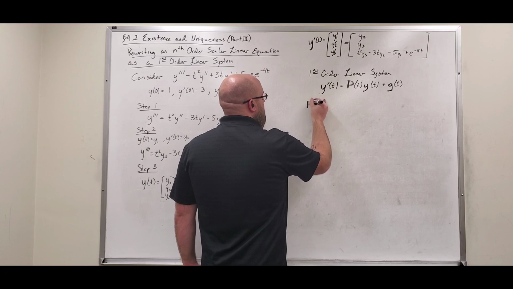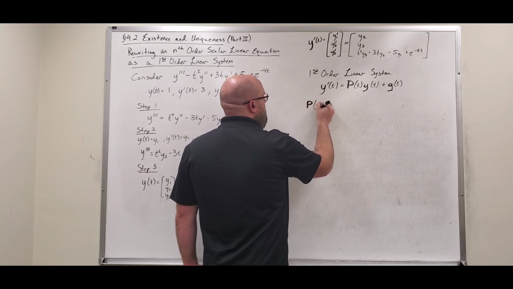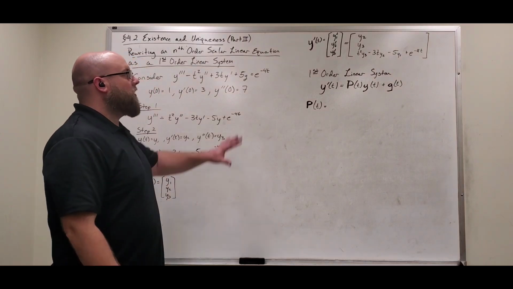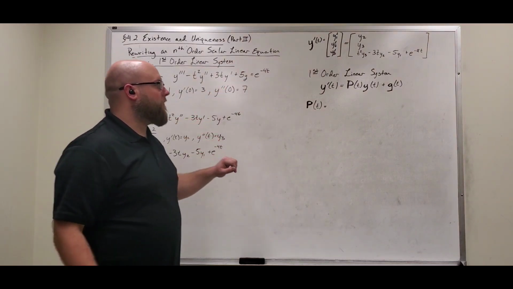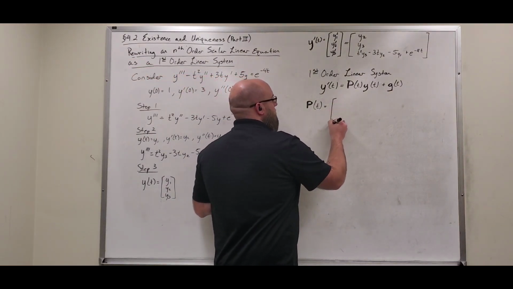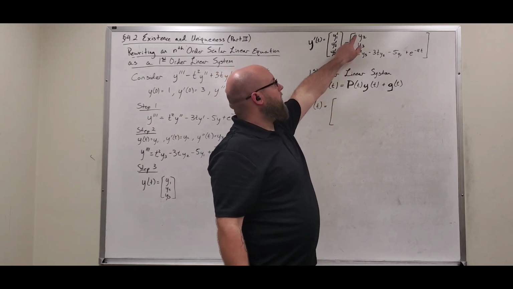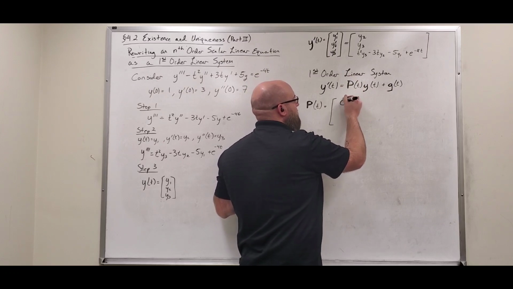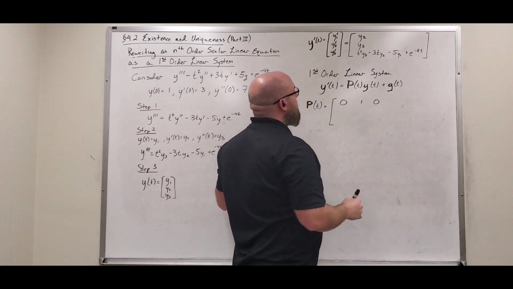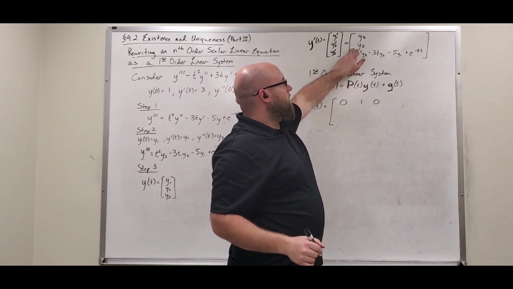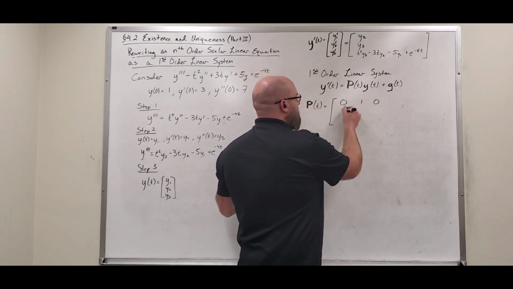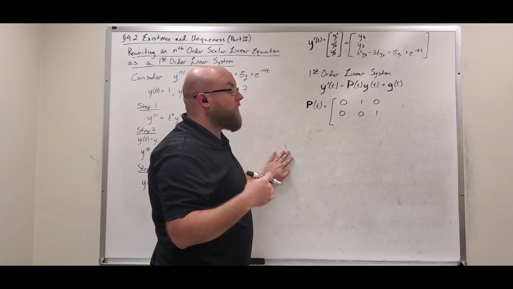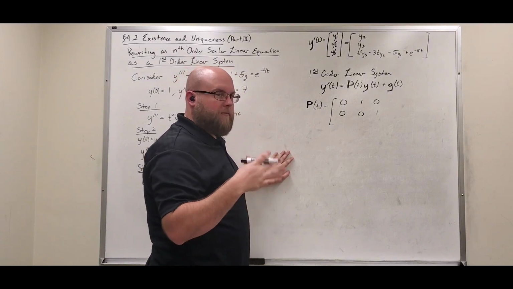So with that, p of t, just like before, nothing's changed on that part, just focus on everything that has a y in front of it, okay? So we don't have a y1 and we don't have a y3, but we do have a y2 by itself, so 0, 1, 0. Likewise, we don't have y1 and y2 on this one, so we have 0, 0, 1. So that's going to be about the normal. I'm not going to say it's 100% of the time, but that's the typical normal for this.